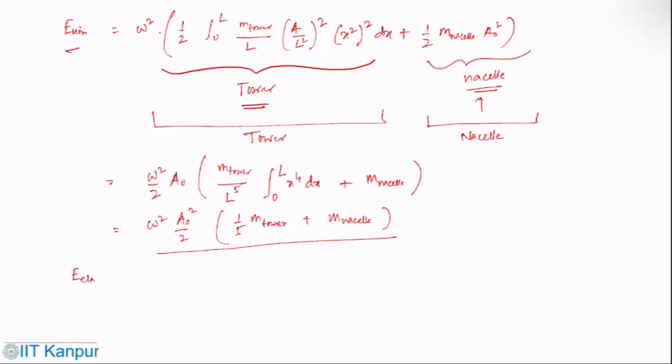Then for the elastic one, we have half of integral 0 to L of EI, A naught square by L dx.